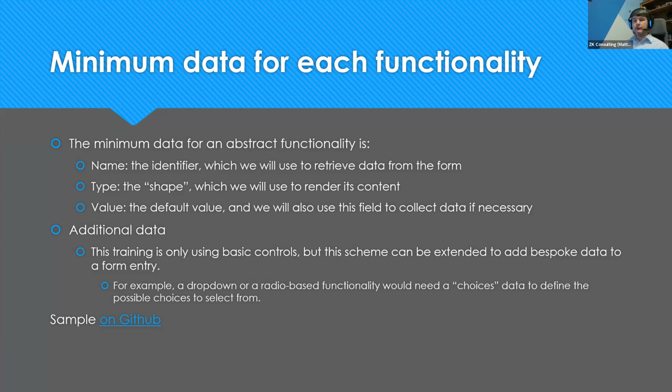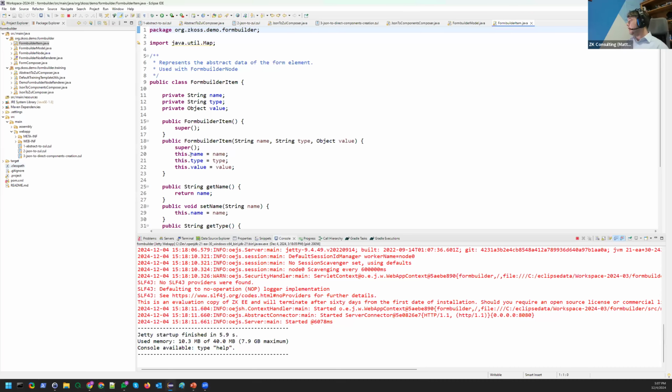For all of the information I'm going to talk about today, when you see a sample on GitHub, you will be able to go to this link to find how it is implemented in the project. And speaking of it, let's go and have a look.